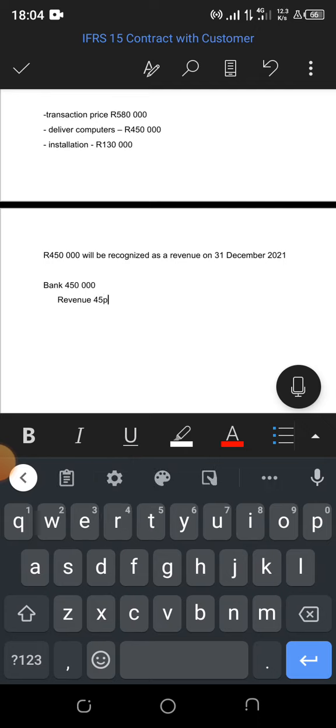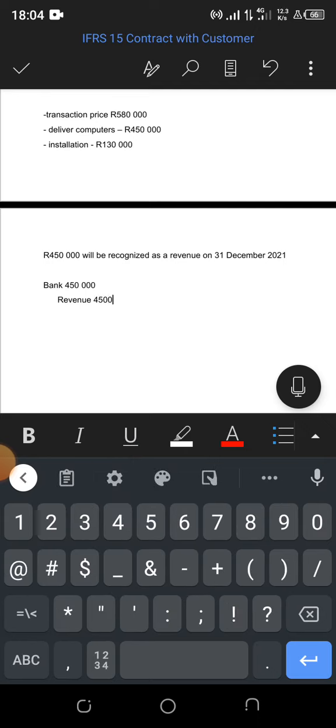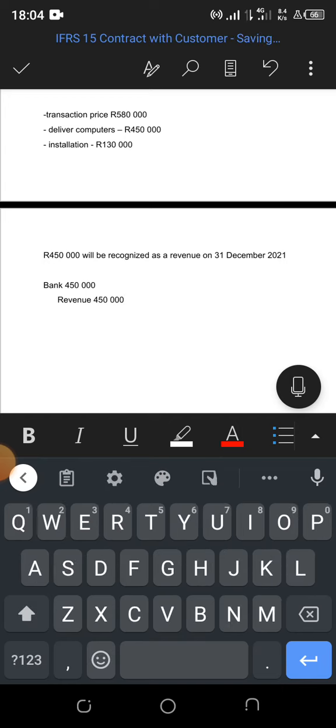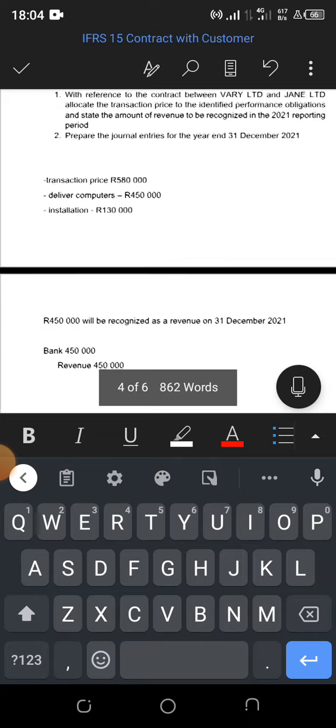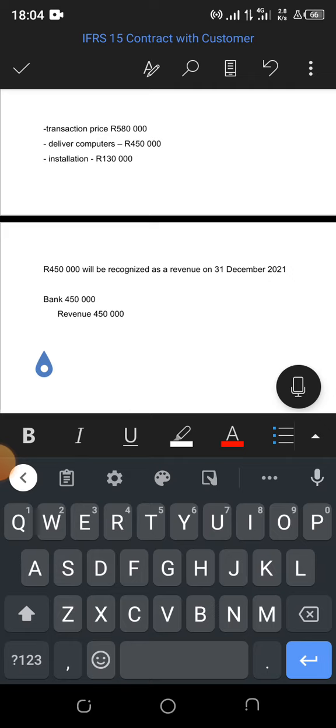Remember, the delivery is made, which means we have to recognize the revenue. Is there any deferred tax? No, there's no deferred tax on this transaction. Why? Because the amount that is going to be recorded in the books of accounting is the same as what is going to be recorded in the books of SARS, which means what we calculated is the same as what they calculated. There is no temporary difference.